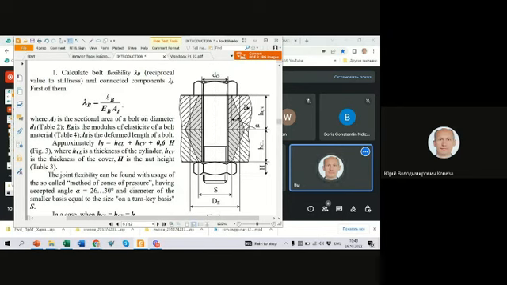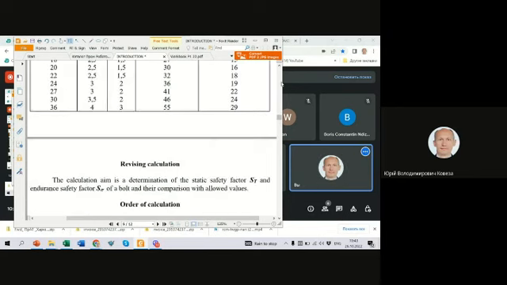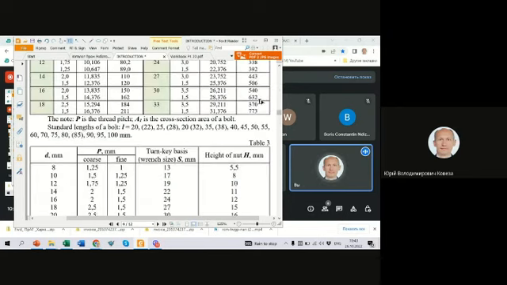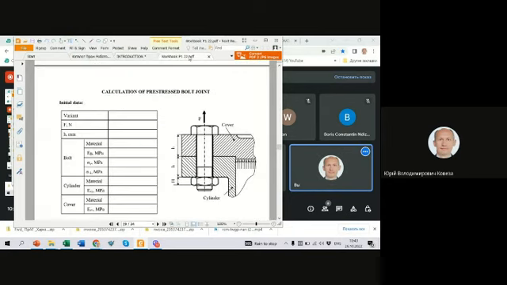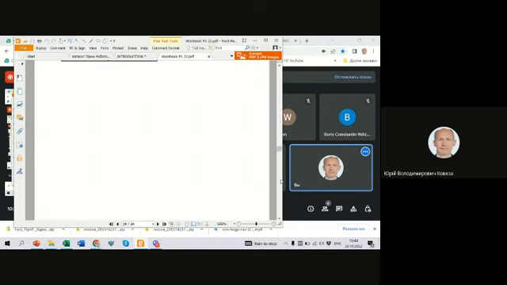A1. You can calculate it, but the easiest way is to write the value A1 from this table and put it here.